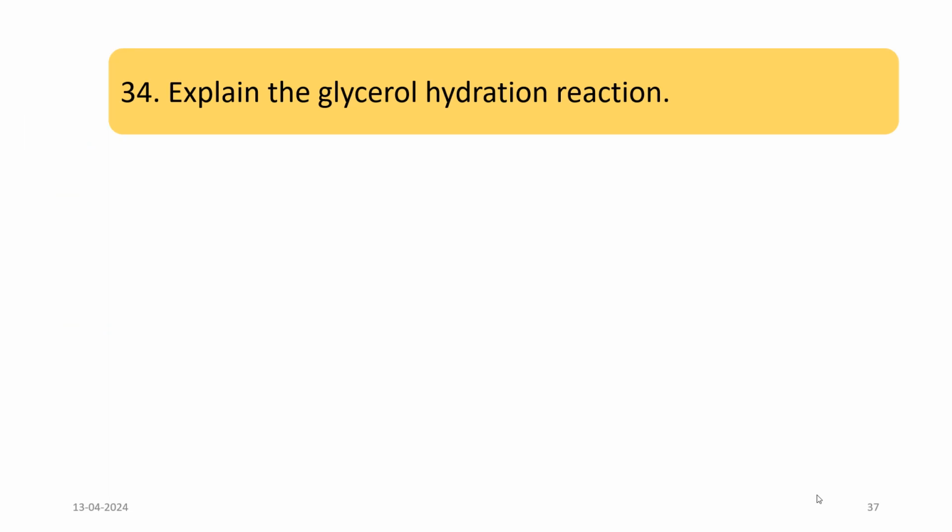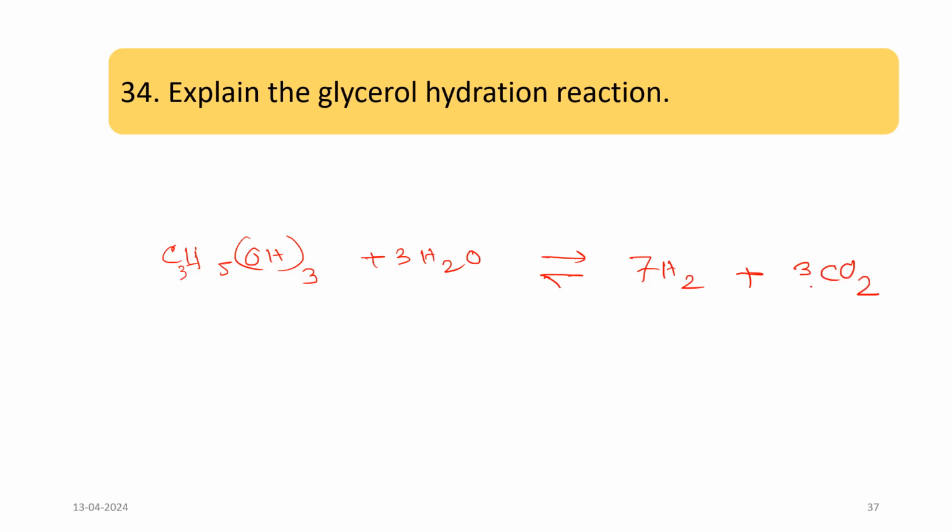The reaction is glycerol, that is C3H5(OH)3, and 3 moles of water is added. It will produce 7 moles of hydrogen and 3 moles of carbon dioxide. So this is the reaction of the glycerol.